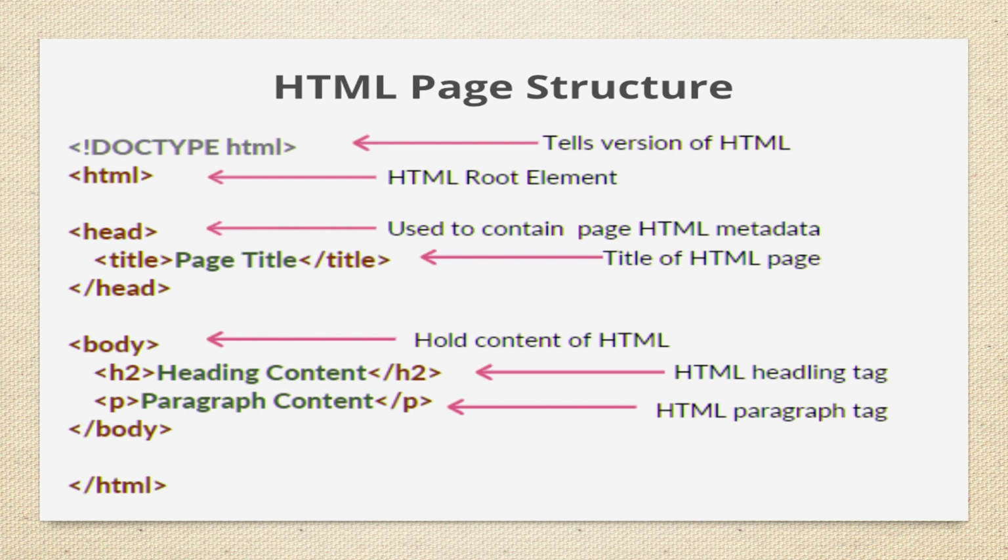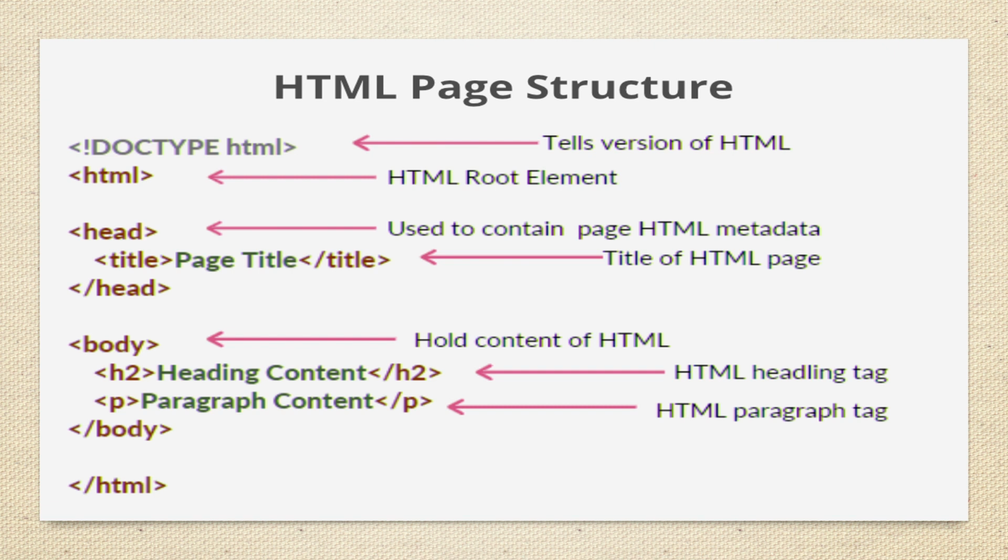If you observe in the example, you can see in the first line an exclamation mark with doctype html written inside angle brackets. A doctype basically tells the version of the HTML. In this example, you can see the HTML version is being used. There can be different versions like HTML5, XHTML, etc. In the second line, you can see html is written inside angle brackets, which tells you that an HTML version is used.